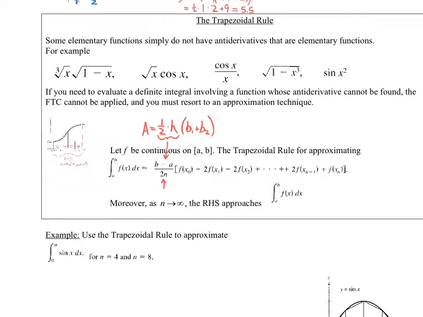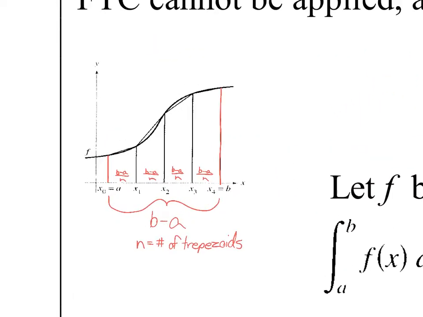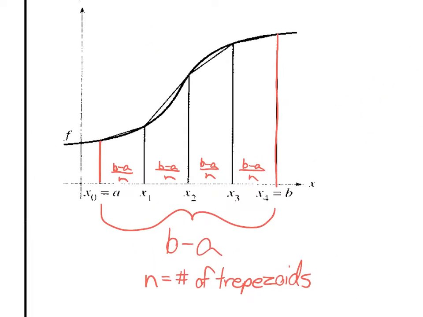So where does all of this stuff come from? All of the f of x sub 0 plus 2f of x sub 1 and so on. Well, let's go back and examine each of these trapezoids. If I look at this one here, my base 1 is going to be whatever f of x sub 0 equals, right?